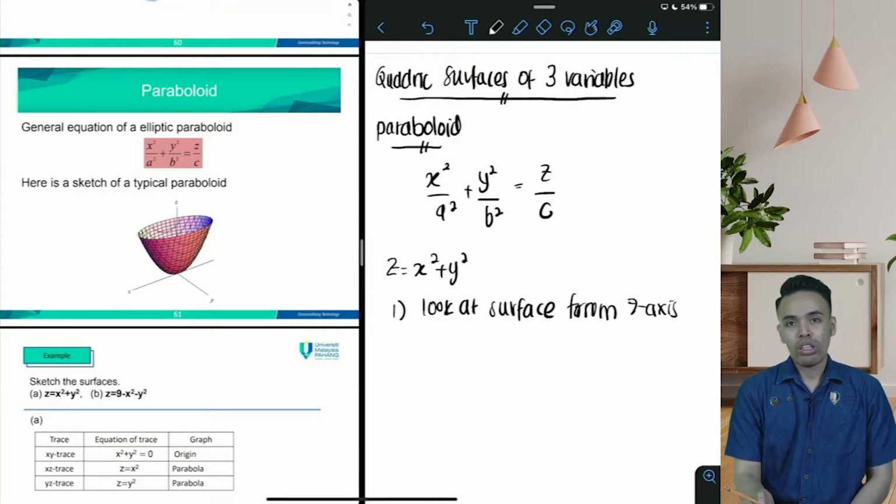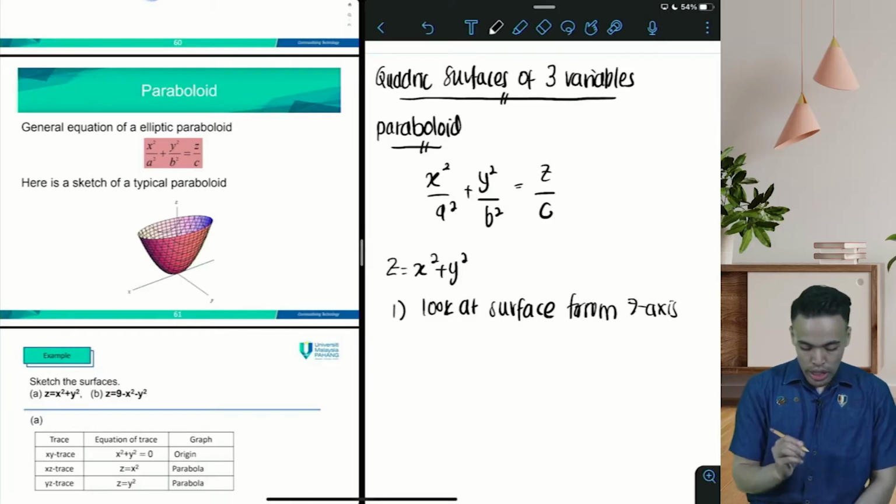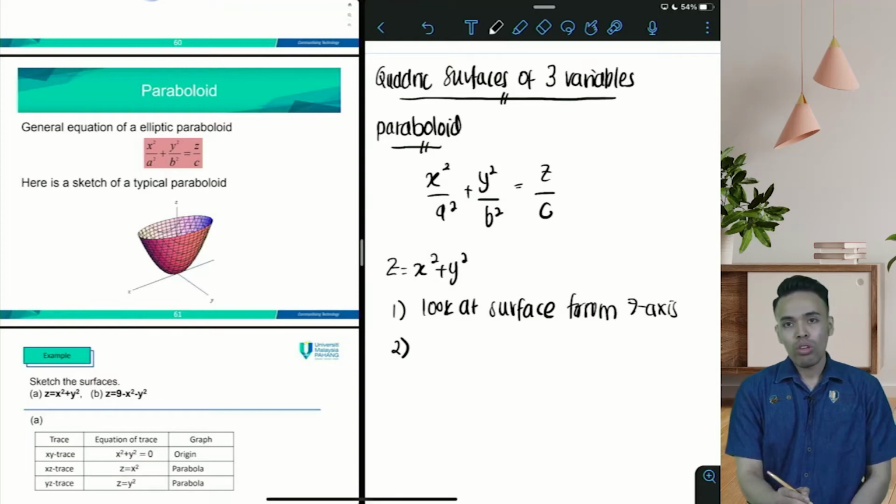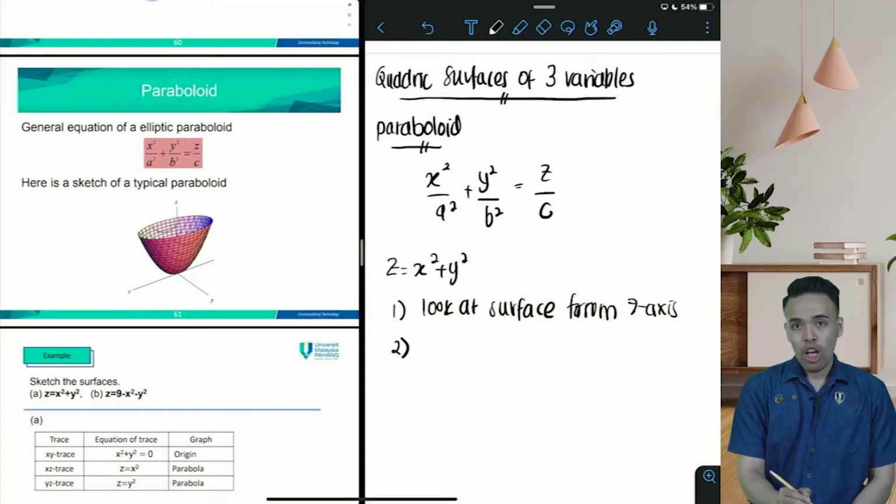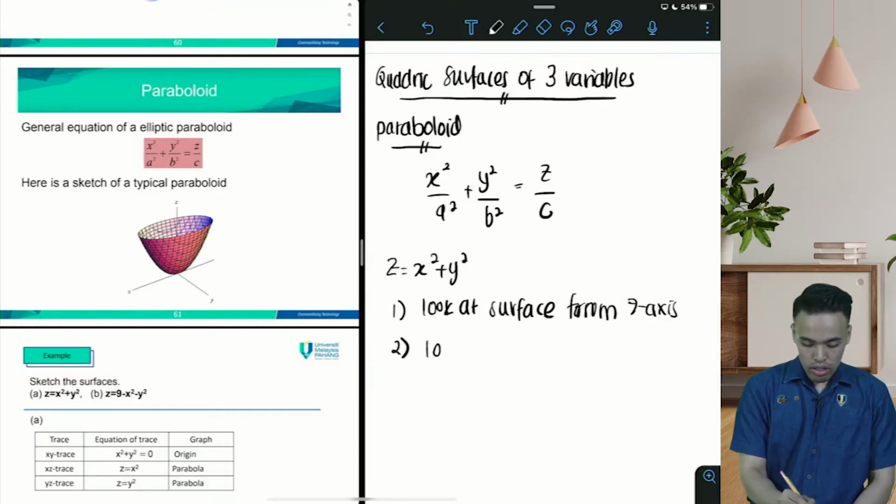When you look at your surface from the z-axis, you will map your surface from 3D onto the xy plane in 2D. Right after that, you have to look at your surface from the y-axis.